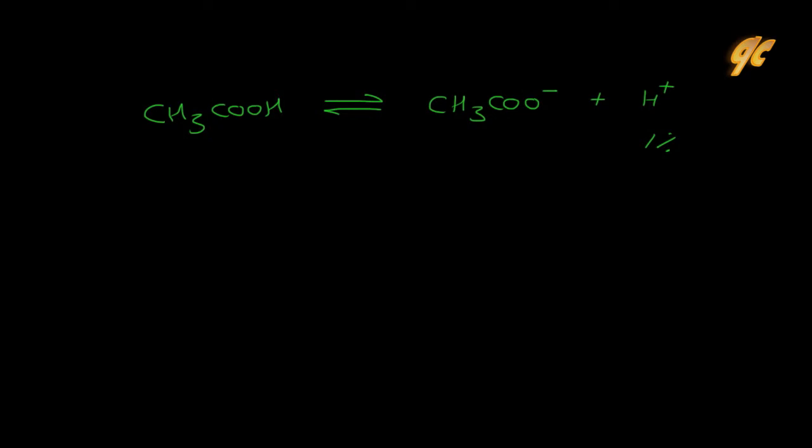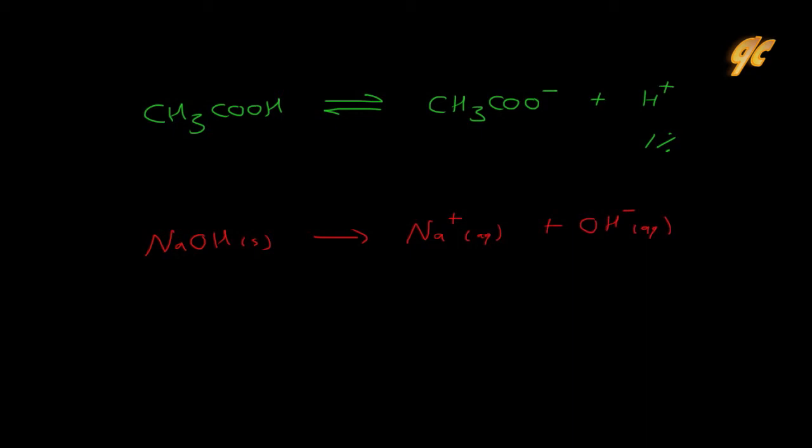Now, similarly with a base, if we were to take a base such as sodium hydroxide, which is a solid to start with, when placed in water, according to the Arrhenius theory, it will dissociate into the sodium ion and the hydroxide ion.